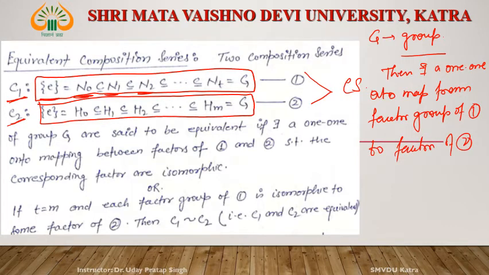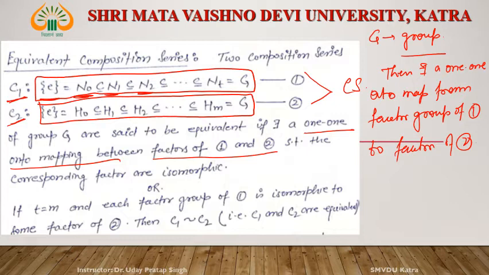Then 1 and 2 are said to be equivalent composition series, or in other words, the lengths of the composition series are equal.